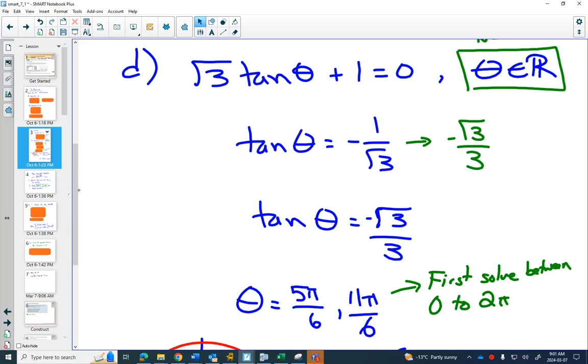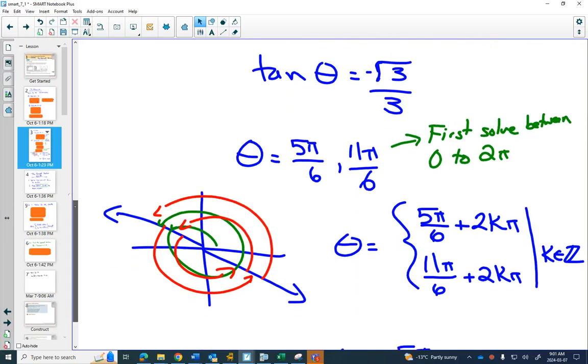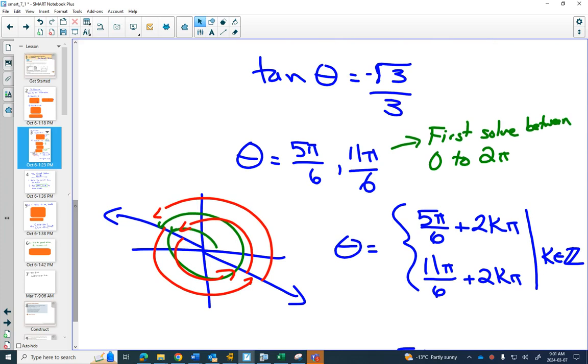Do you remember? We would say, I could take 5 pi over 6, and to get coterminal, I have to go all the way around, which would be adding 2 pi. And I could add 2 pi, there's a nice visual, as many times as I wanted.